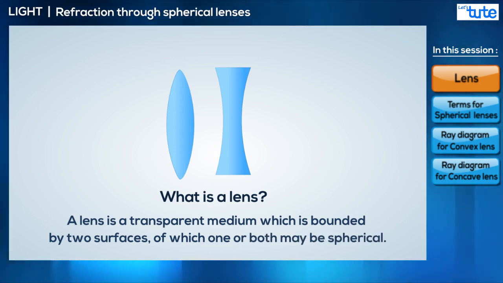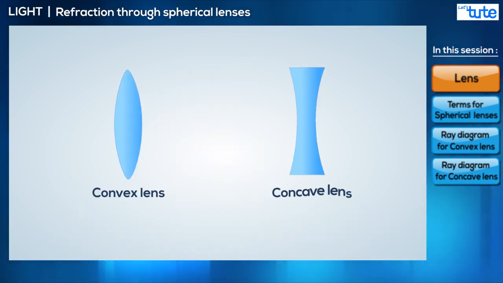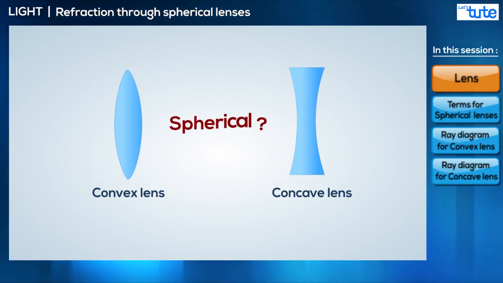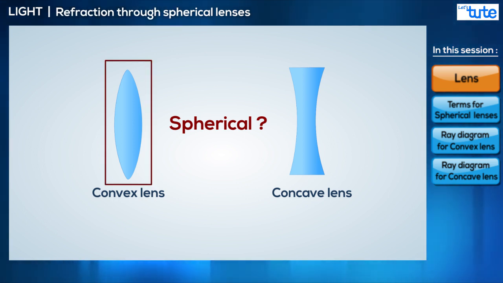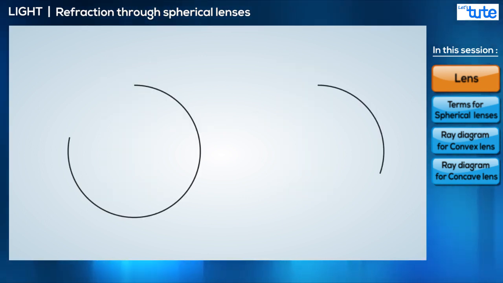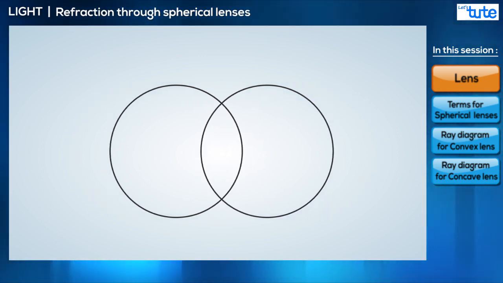For our purposes, there are essentially two lenses, convex and concave lens, and this is what they both look like. But these are not spherical, right? Well, both convex and concave lenses are made by interaction of two spheres. Let me explain. The shape of a convex lens can be made if we have two spheres and they intersect each other like this.